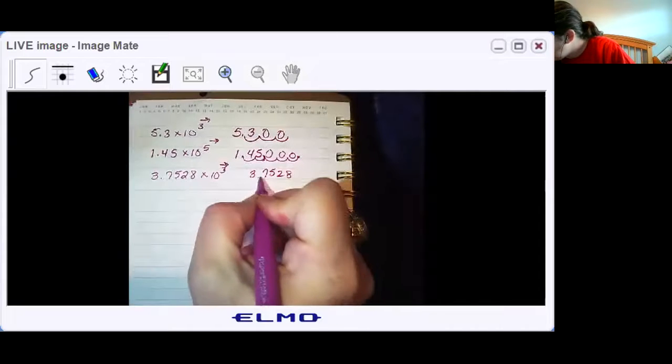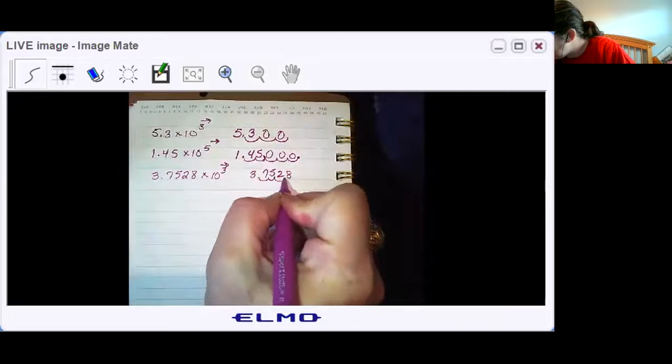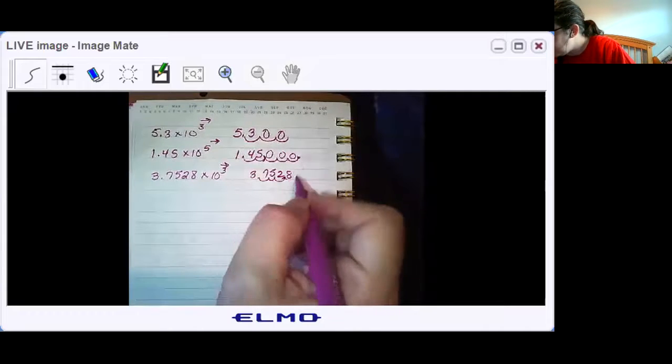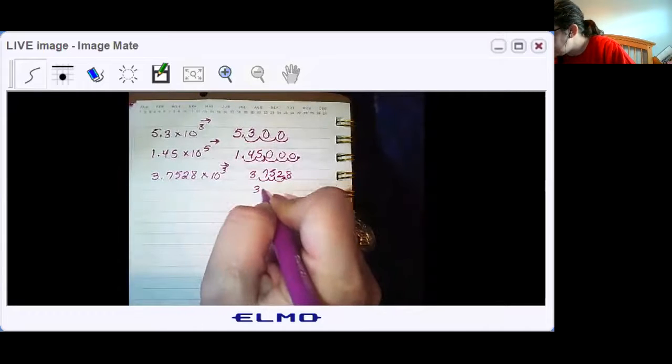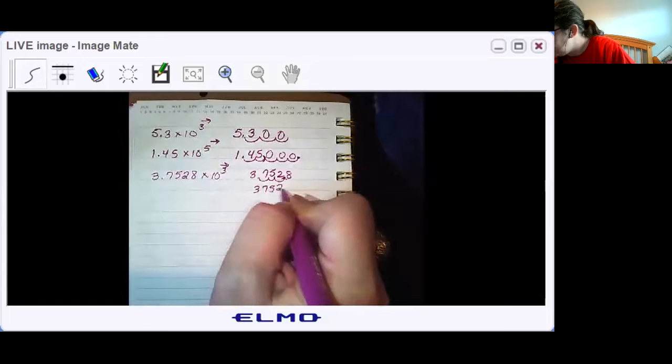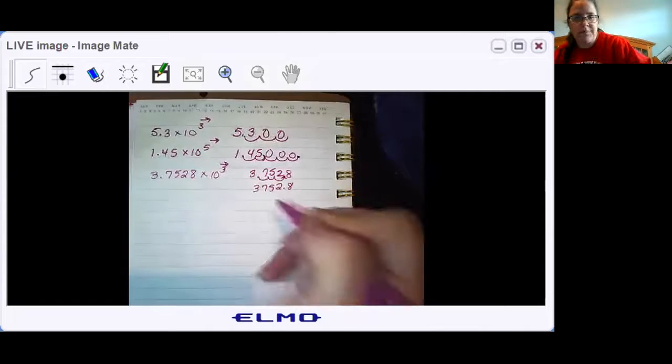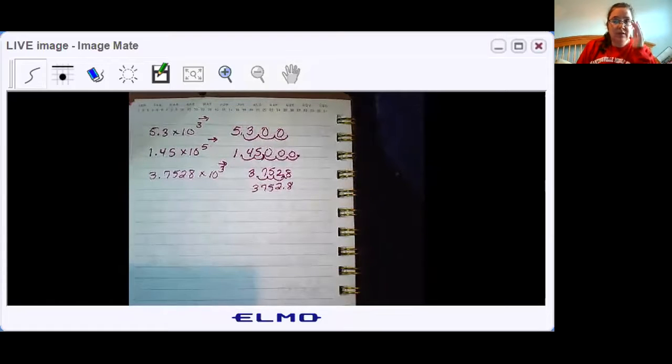I'm moving it 1, 2, 3 times. So my new number is 3,752 and 8/10, or 0.8. So does scientific notation always move it all the way away and give you zeros? No, you have to be careful with your counting.